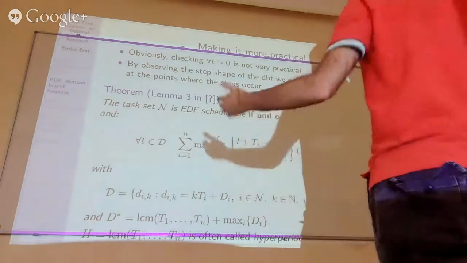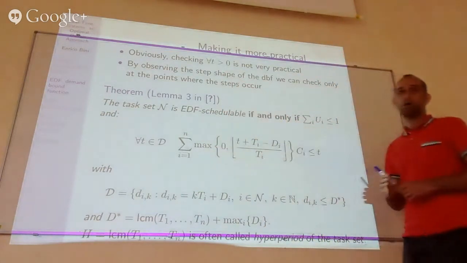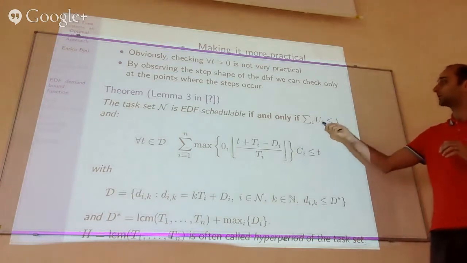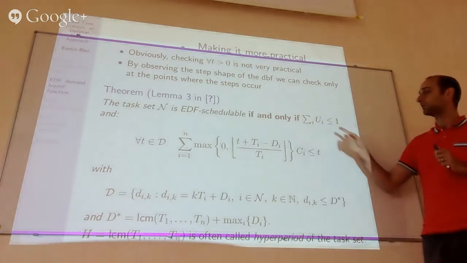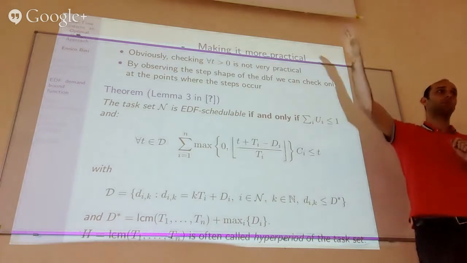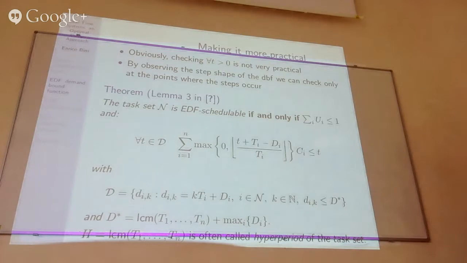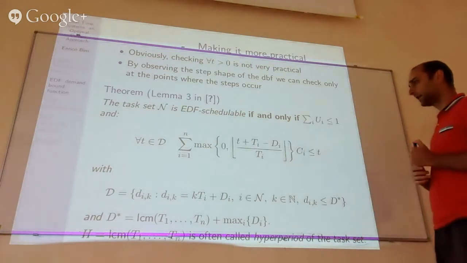While here, since we are making the test over a bounded set, we need to require explicitly the condition on the total utilization, to avoid that for large t the demand bound function goes above t. So how do we write the set of deadlines?